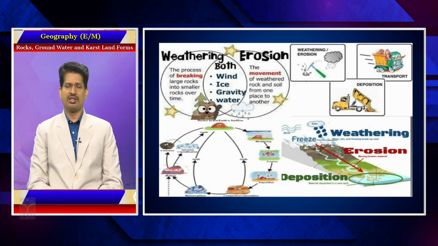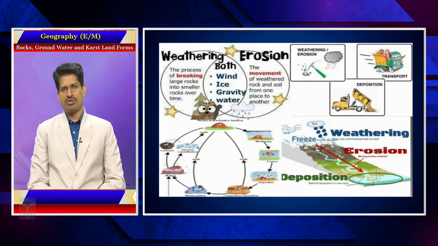Weathering, as I have specified, is larger rock particles becoming smaller. Erosion is these smaller particles being carried away from one region to another. So, what are these agents of weathering and erosion? The agents are the moving water from a higher elevated region to a lower one because of the slope gradient, the moving ice, and the wind. These are the three agents of weathering and erosion.